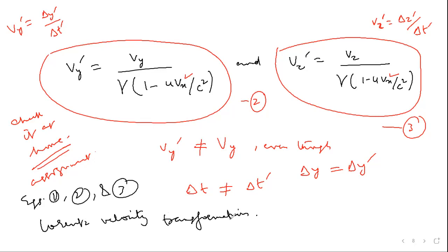They are analogous to the equations of the Lorentz coordinate transformation. They relate observations in one coordinate frame to observations in another. I can summarize them this way.